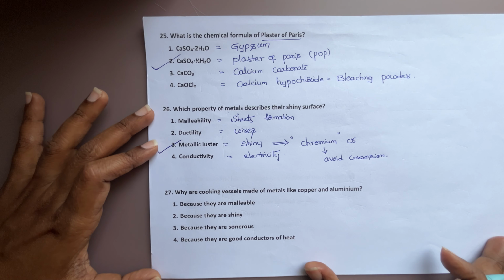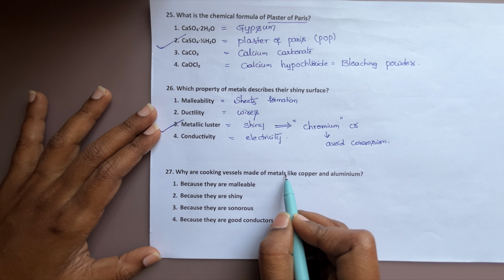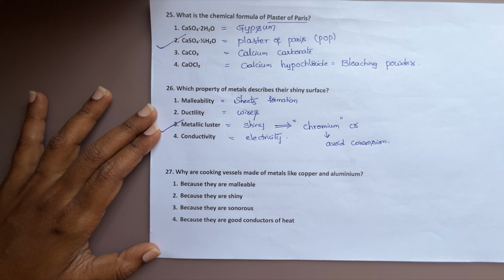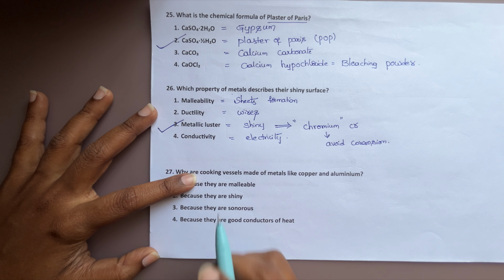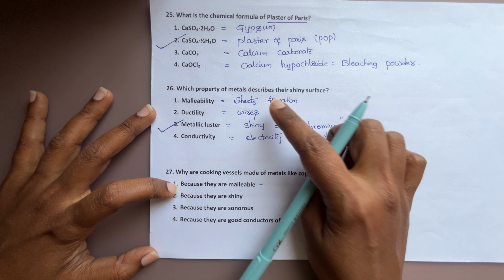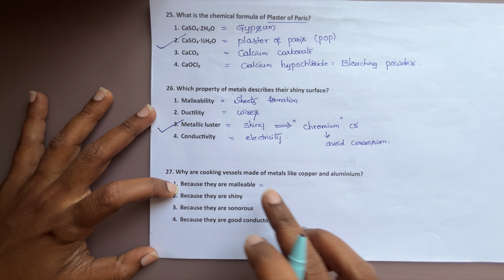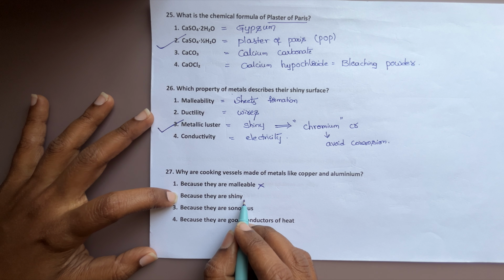Now the next question: why are cooking vessels made of metals like copper and aluminum? Is it because they can be made into sheets, so we can use them in vessels? No, this is wrong. It is shiny.